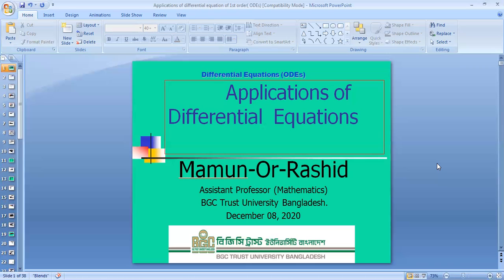We introduced these in your previous class on partial differential equations. Now today we'll start with the applications of differential equations for only ordinary differential equations.